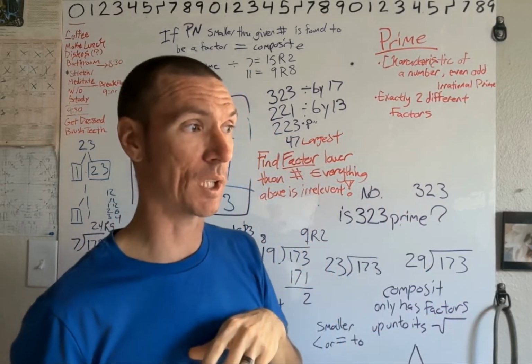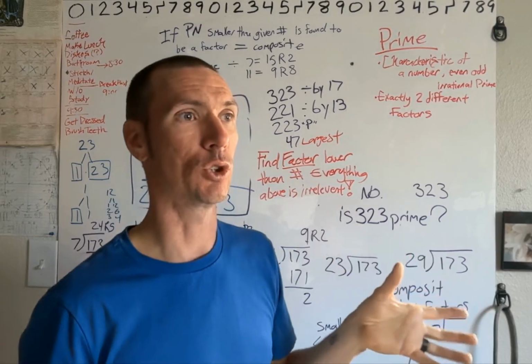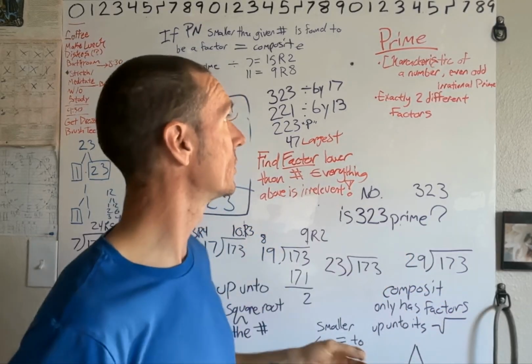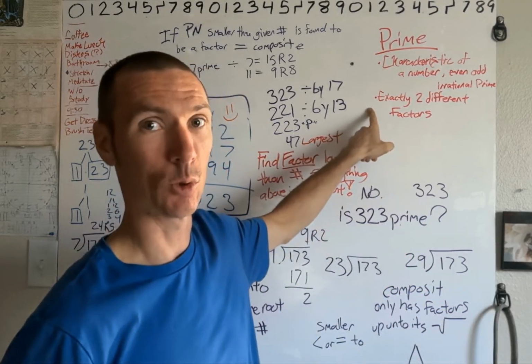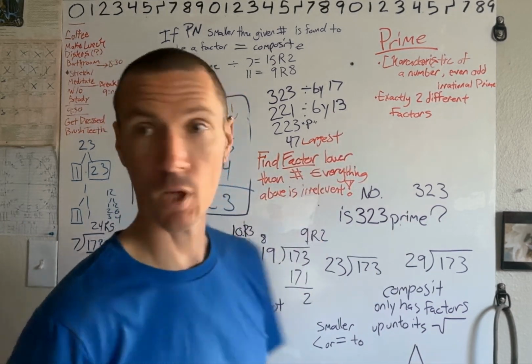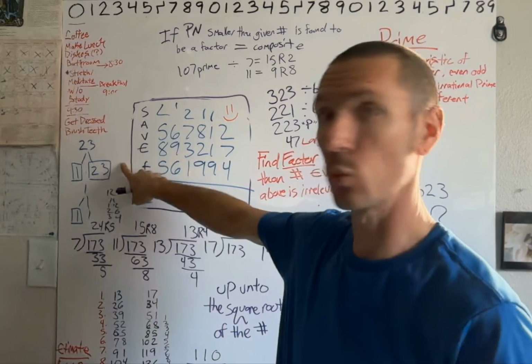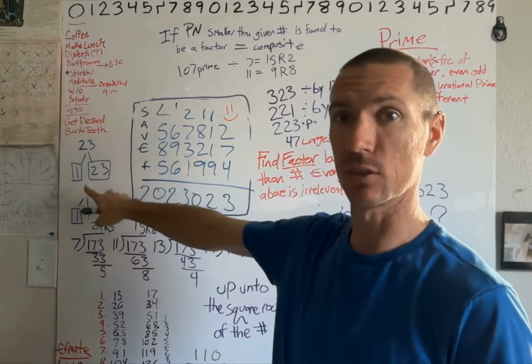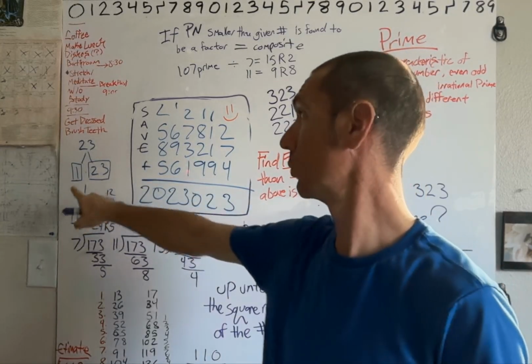So when you run across something like 13, you just know that that's a prime number. It's got exactly 2 different factors, i.e. 23 has 2 factors, 1 and 23.